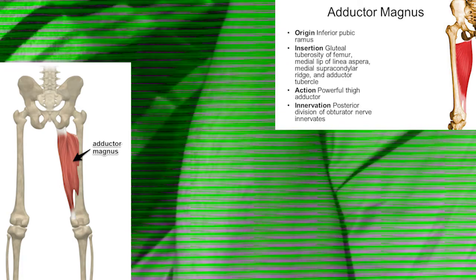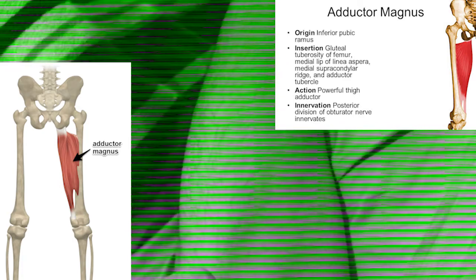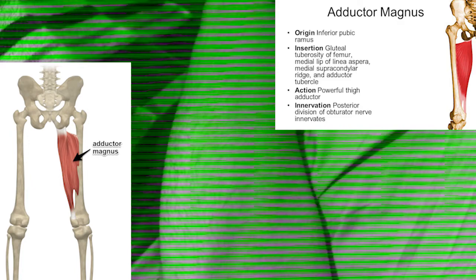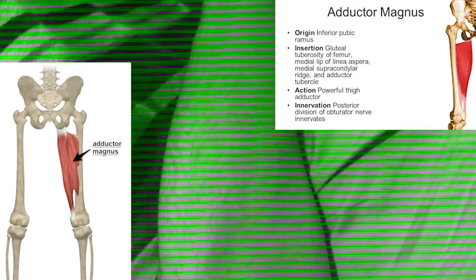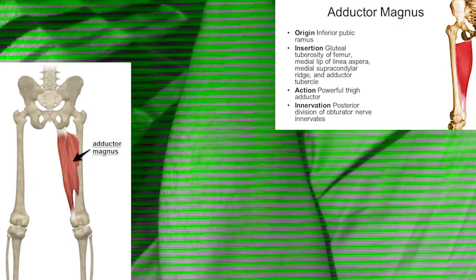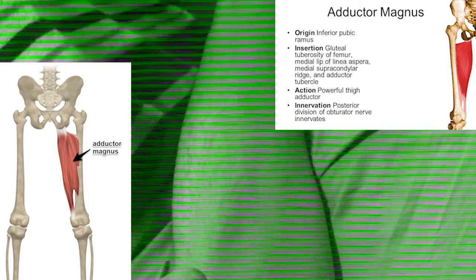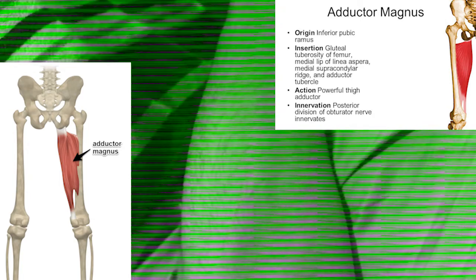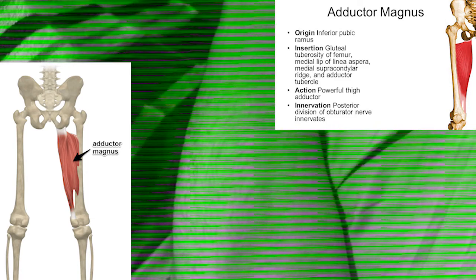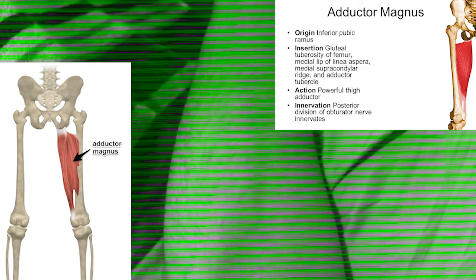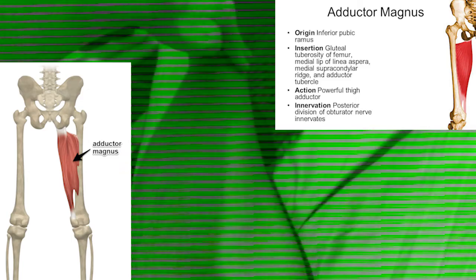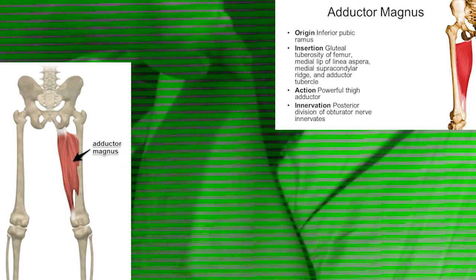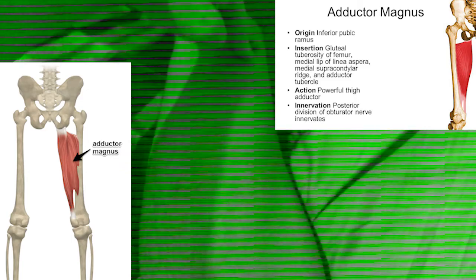The portion arising from the tuberosity of the ischium is called the ischiocondylar portion, extensor portion, or the hamstring portion. It originates at the inferior pubic ramus, the ischial ramus, and the ischial tuberosity, and inserts both at the linea aspera, or the fleshy insertion, and the medial epicondyle.